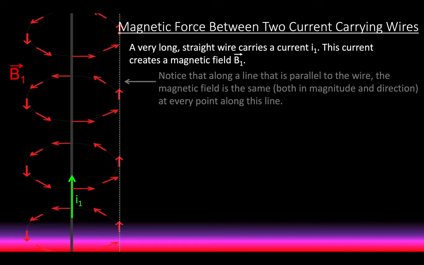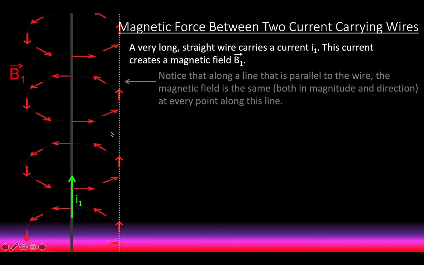Now, before I place a second wire, let's just take a look at this picture and notice that here I have a parallel line drawn that is always the same distance away from wire 1, and I realize the strength of the magnetic field is going to be the same at every location along this dotted line because you're always the same distance away from the wire.